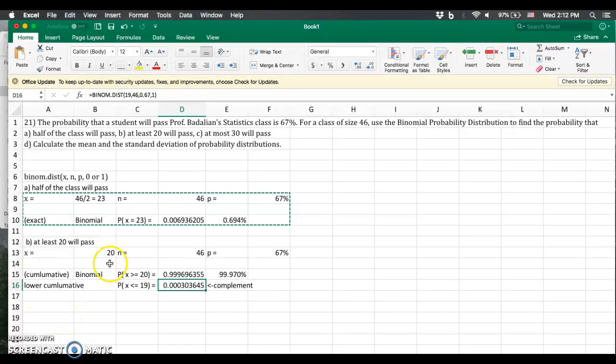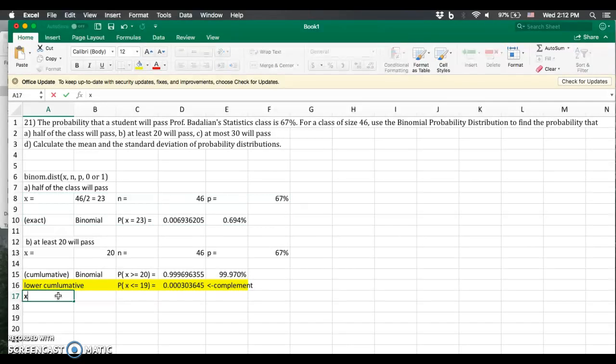Okay, so for this particular one, when we're looking for the binomial, we used X as 19, N as 46, and P as 67%.